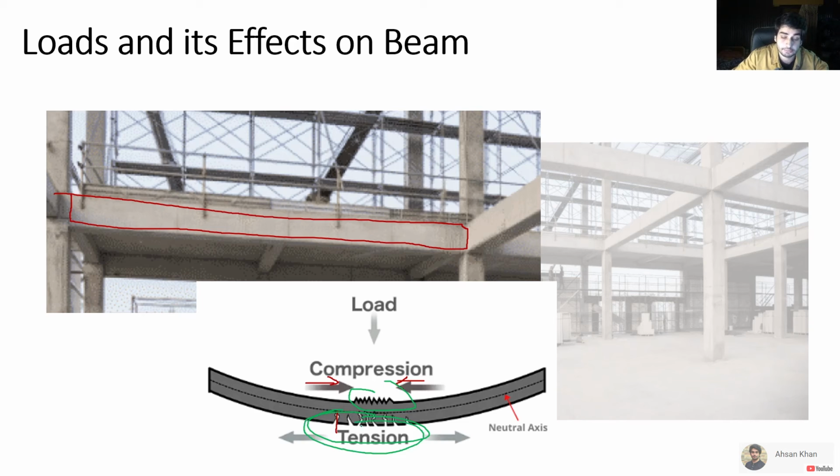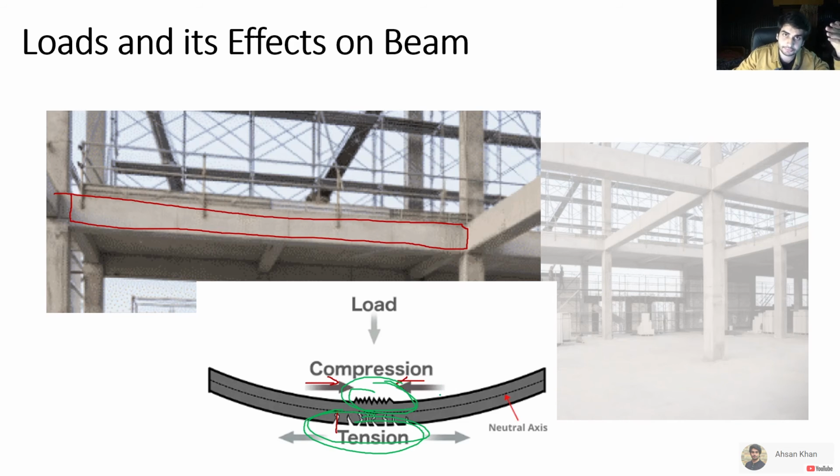The lower part will be fine because tension will be handled, but the upper part, the steel cannot handle the compression. So we need to provide both, not just one thing. That's why we require steel in the concrete, to make sure the structures can handle both types of stresses and loads.